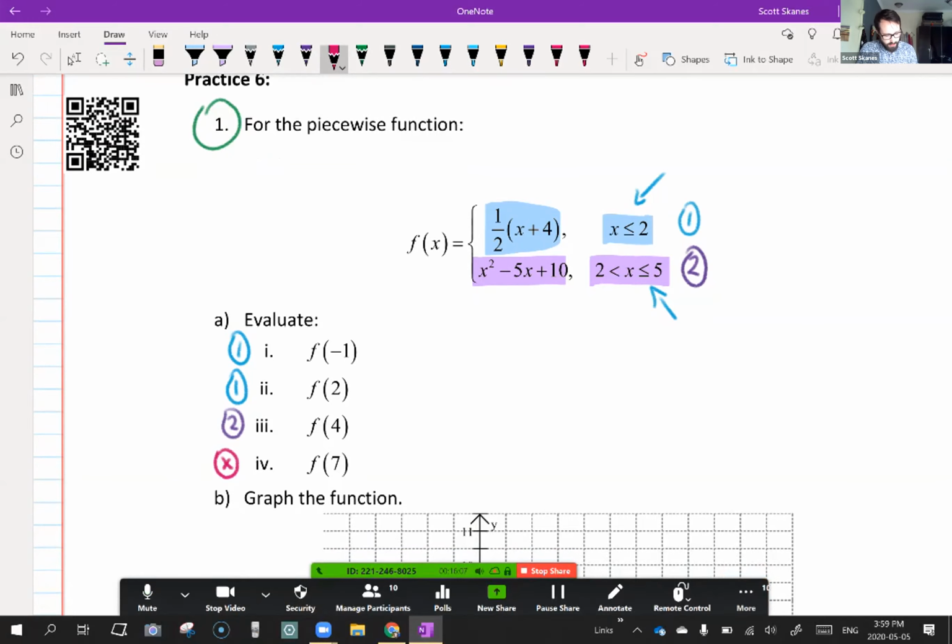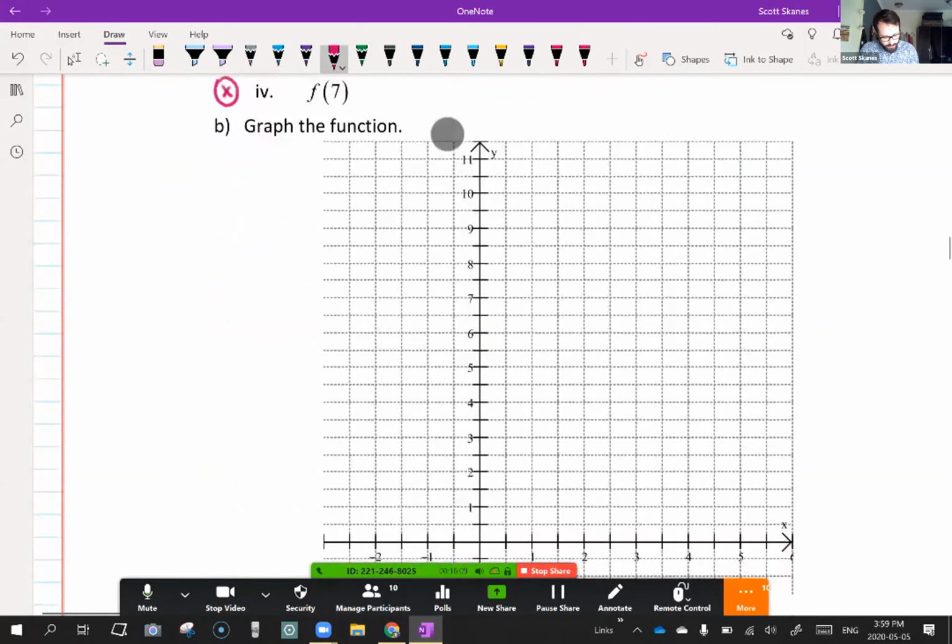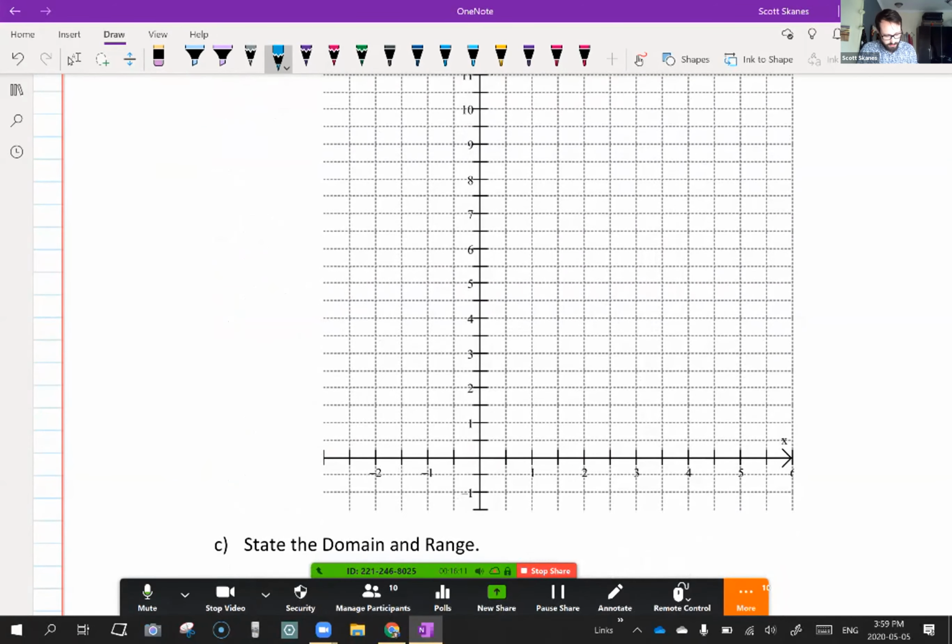Because look, I'll just make a little sketch here. The first function exists from anything less than 2. That's when the first one would exist. The second one only exists between 2 and 5. Anything bigger than that, it doesn't exist.